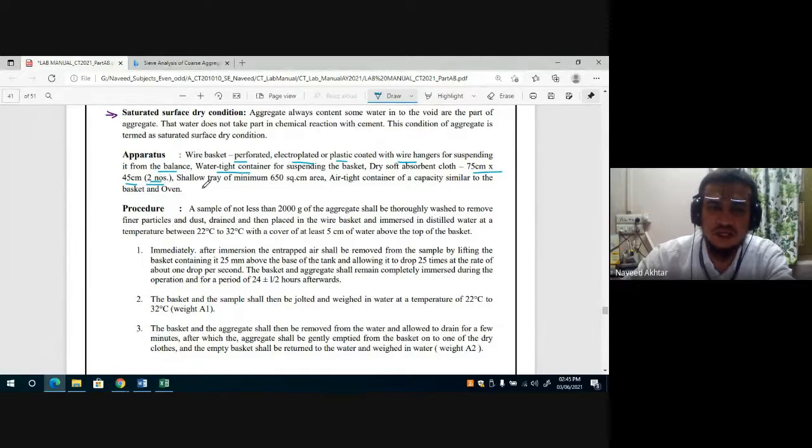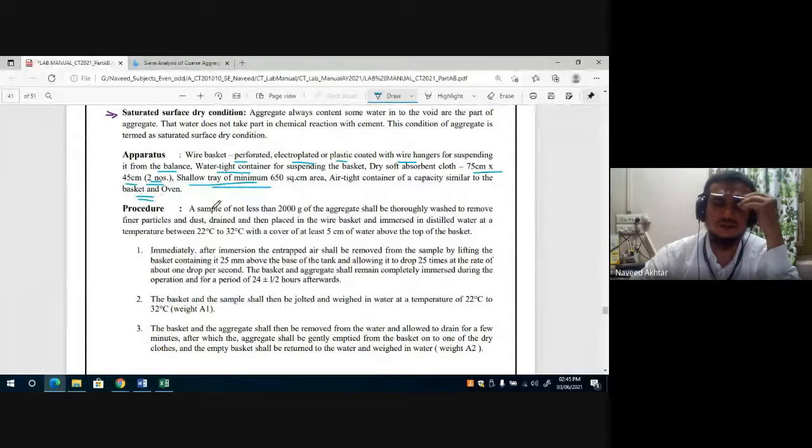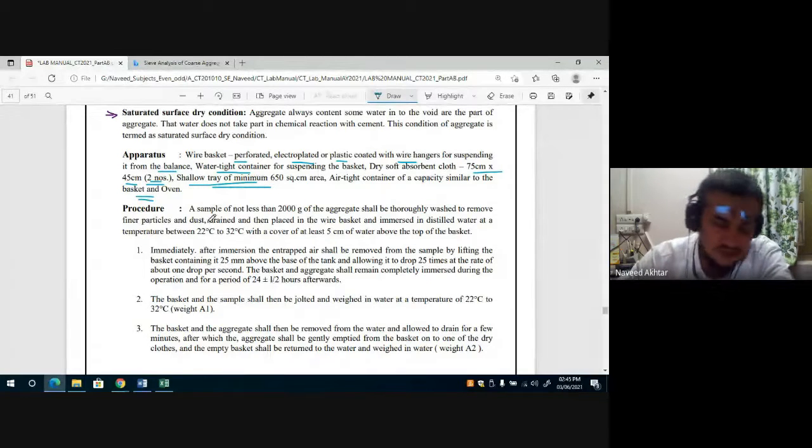Also needed are a shallow tray of minimum 650 square centimeter area, an airtight container of capacity similar to the basket, and an oven. These are the apparatus we need to perform the specific gravity and water absorption test.